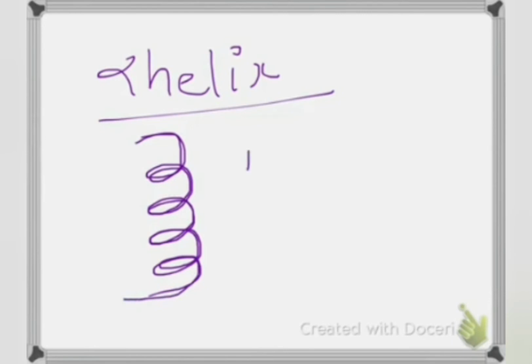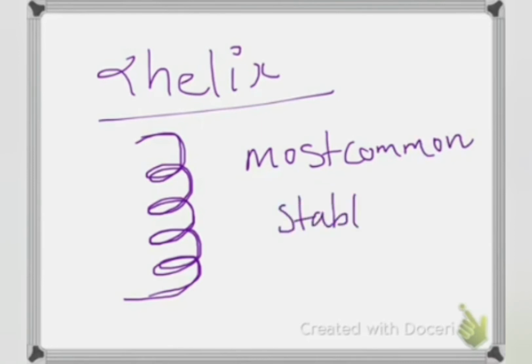It is the most common and stable conformation, and it is spiral in shape. So this is the structure of the alpha helix.